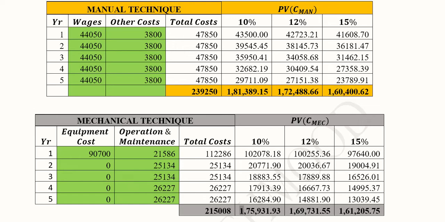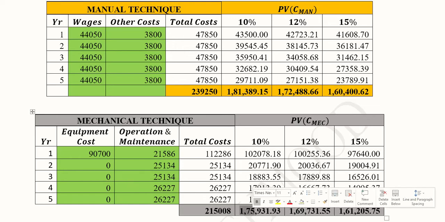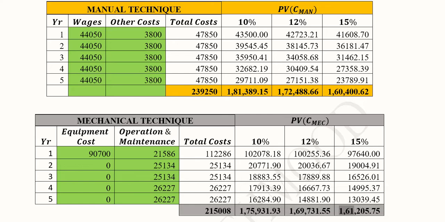Here, however, we have 175 and it is ending at 161. So it started from a higher value and it is reaching a lower value. It is starting from a lower value and it is ending at a higher value. So there is a tendency of them to intersect each other. This is where the concept of taking the difference of the two streams and then finding the crossover discount rate can help us.